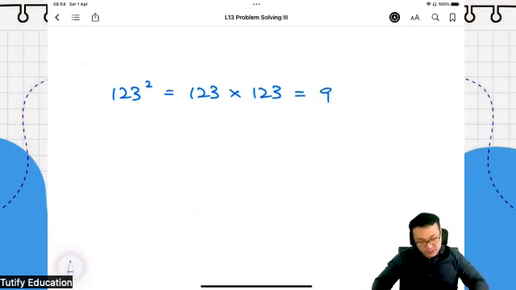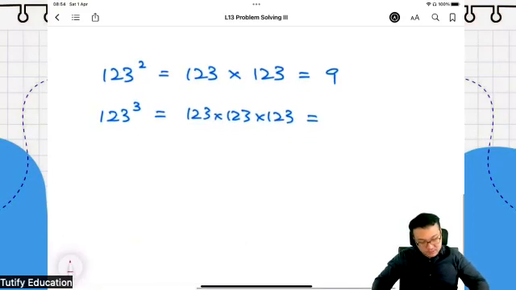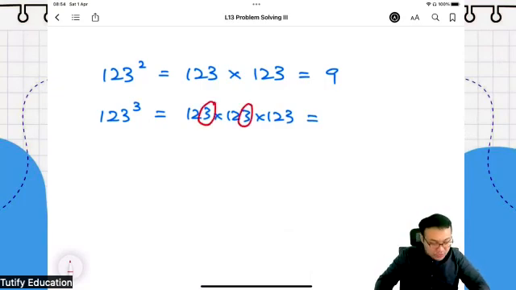Now, if I do this again, 1, 2, 3 times 1, 2, 3 times 1, 2, 3, then you just do 3 to the power 3. 3 times 3 times 3, 27. You don't even need to do 3 times 3 times 3.